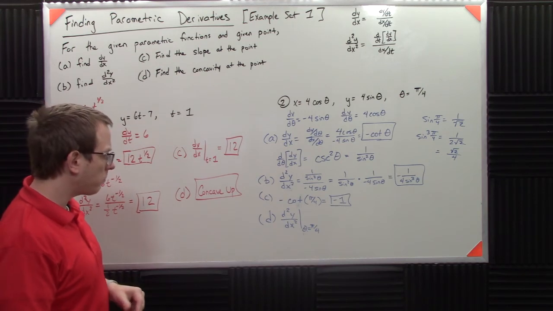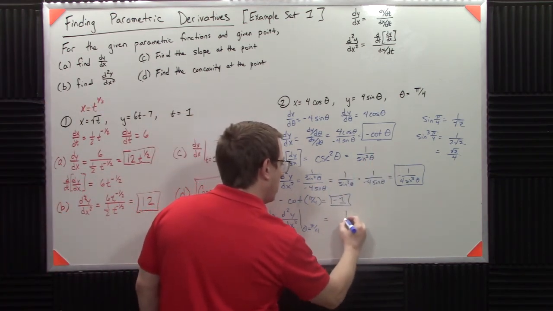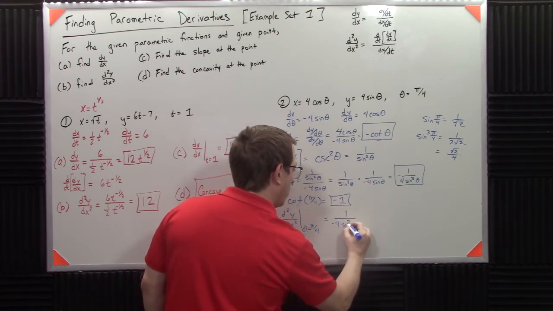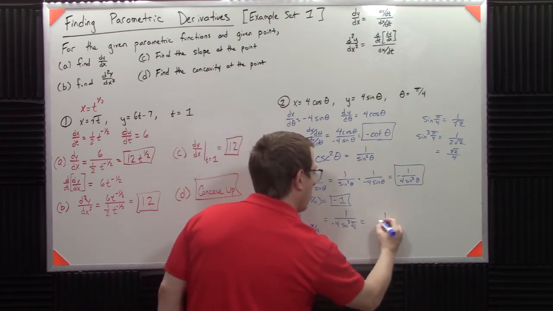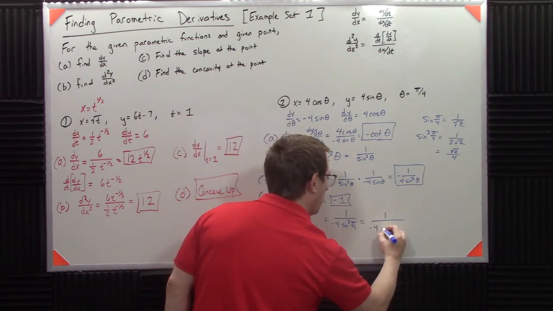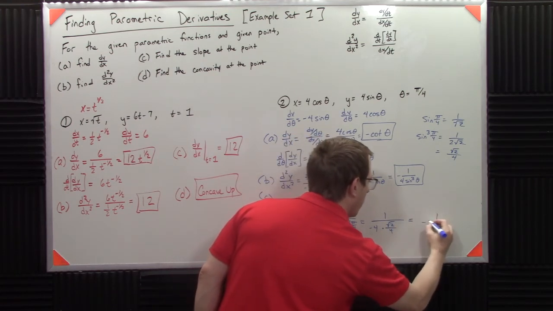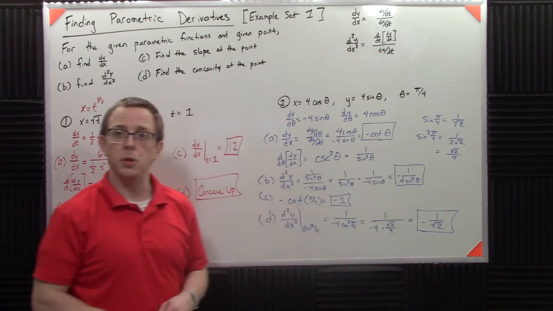Anyway, so when I plug in here, I get 1 over negative 4 sine cubed pi over 4, which as seen is 1 over negative 4 times square root of 2 over 4. So you get negative 1 over square root of 2.